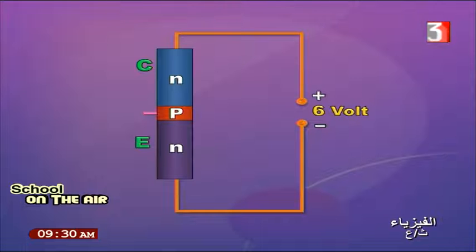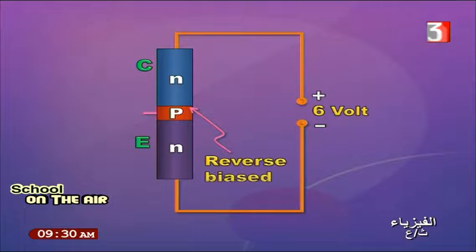The collector is N-typed and it is connected to the positive terminal. N-typed to the positive, it is reverse biased. So we expect, yes, a depletion layer, a resistance which does not allow the passage of the current. So no current flows in such a case. Okay. We've got, as I said, a reverse biased junction.